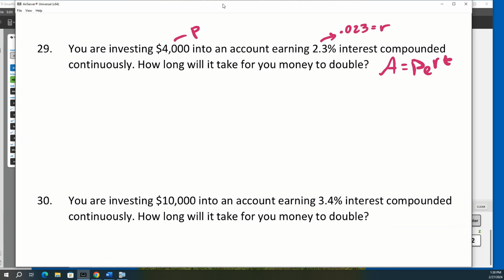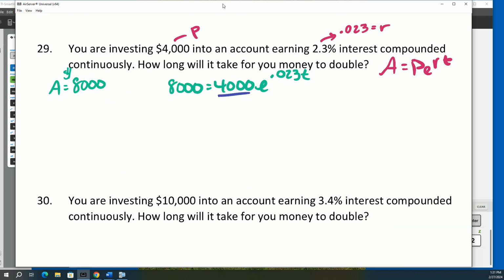What is the final amount we're looking for? 8,000. So we just take that initial amount and double it, and that's what we're going to put in for A. Right, and so when I plug in all the things I know, the only thing I don't know should be the T. And that's what we're trying to find.